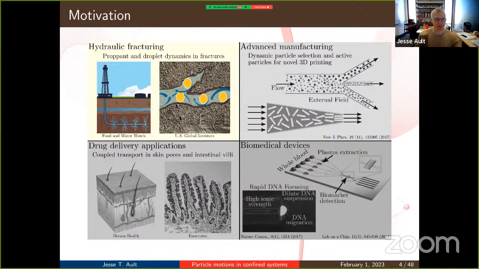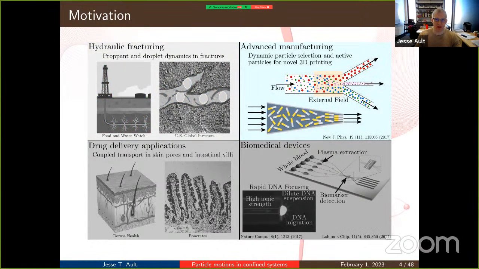Oftentimes they want to inject what are called proppant particles into those fractures, as far as I understand, to prevent the cracks from completely collapsing so that the oil can actually escape. But you can ask the question, how can you actually inject particles into confined systems when it's difficult to drive any flow in such a system? For example, if the scale is very small, the Reynolds number is very small.